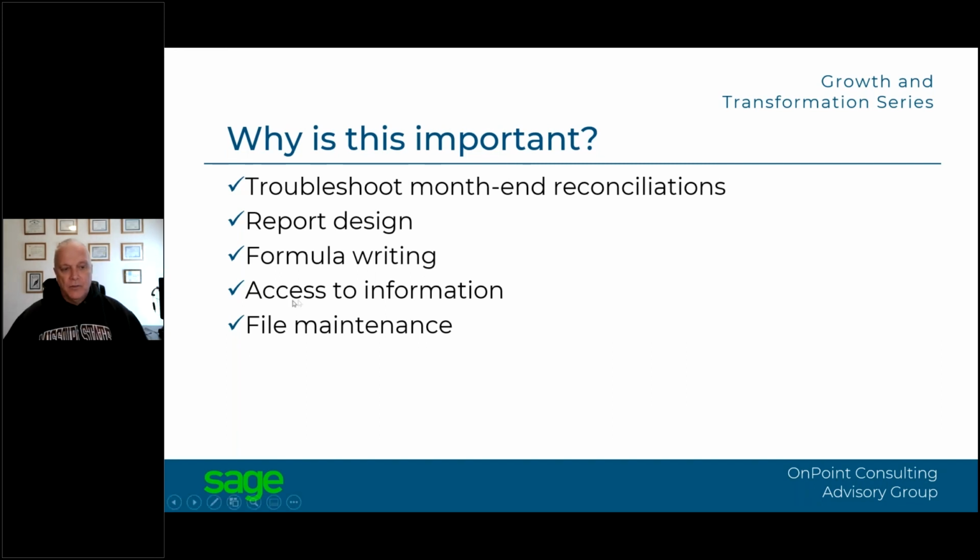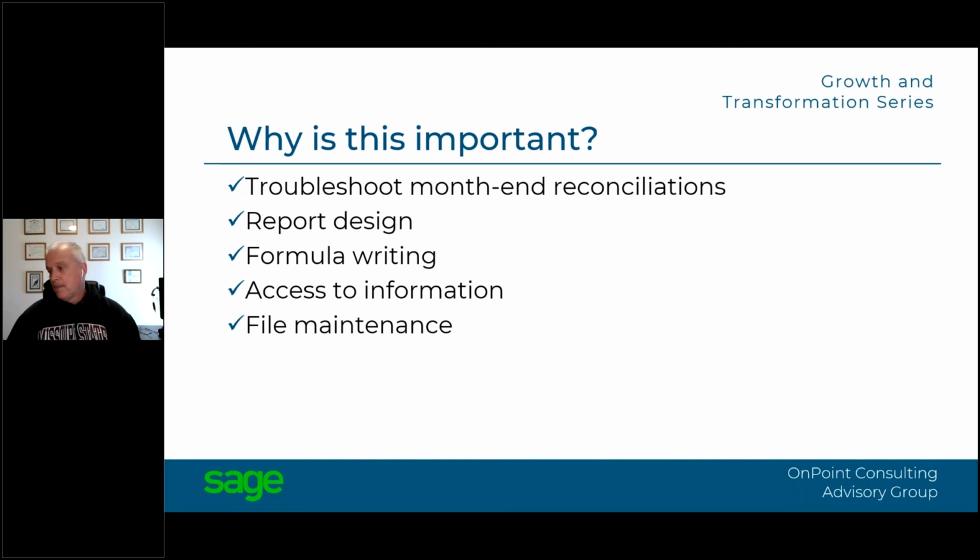It's also important because you have access to that through security. You may not see something and know that it's there. Look at it in a data dictionary, maybe reference this guide, and maybe there's a security access. And then also for file maintenance, moving or archiving.